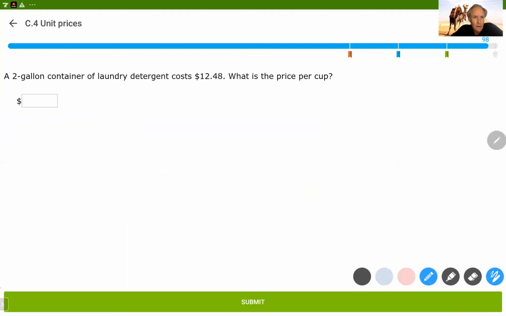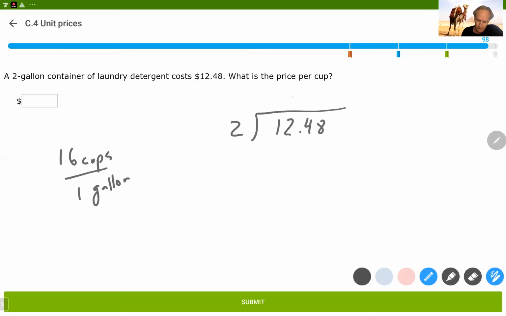2 gallons for $12.48. What is the price per cup? There are 16 cups in a gallon. And we have 1248 divided by 2 gives us 624.